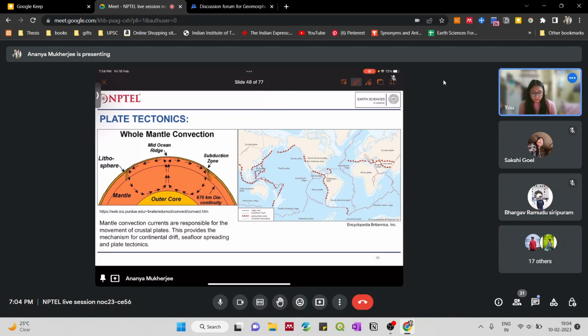So over here you can see that the thin yellow lines that are there are the plates. Okay, so the plates are moving over here. You can see that the mantle convection direction is like this, then it is going down. So when it is going down, it is actually dragging this crustal material down.